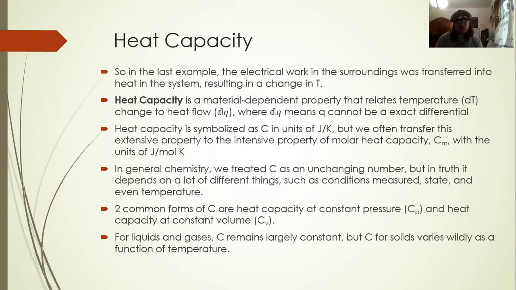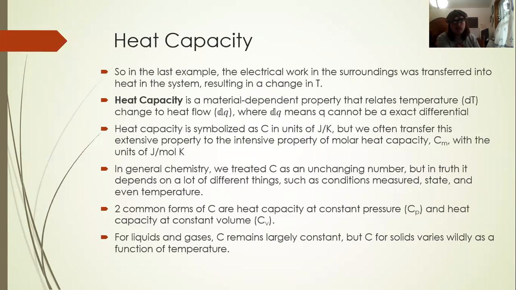C is in terms of joules per Kelvin, but we can also turn this from an extensive property into an intensive property as a molar heat capacity. Whenever we see a subscript m beside a constant or variable, it's referring to the molar version of that. So we've taken whatever unit we have and divided by the moles.